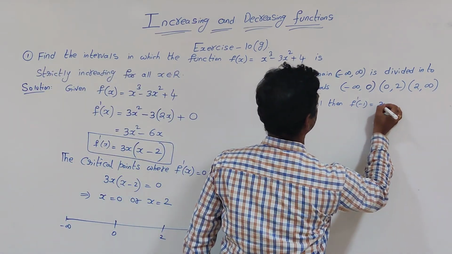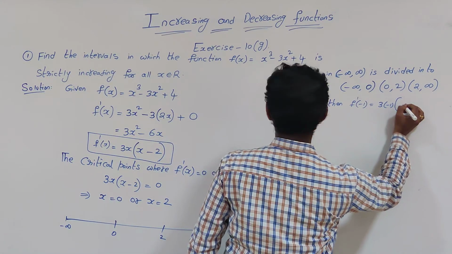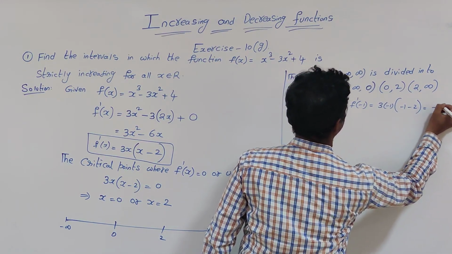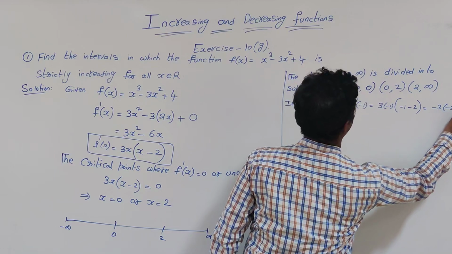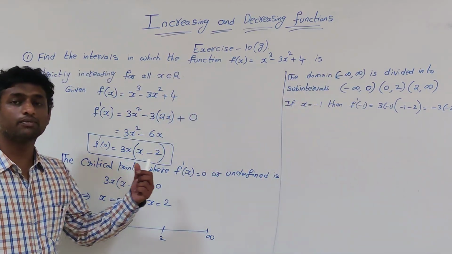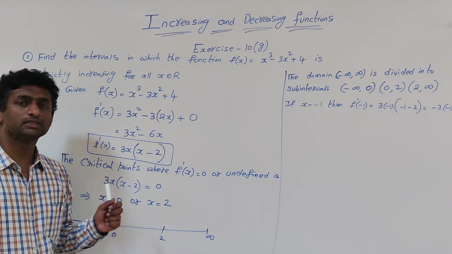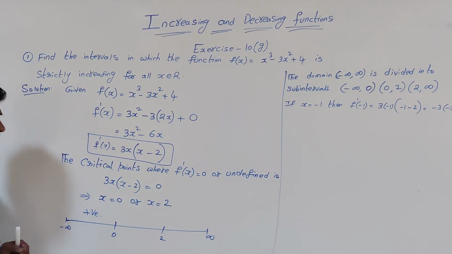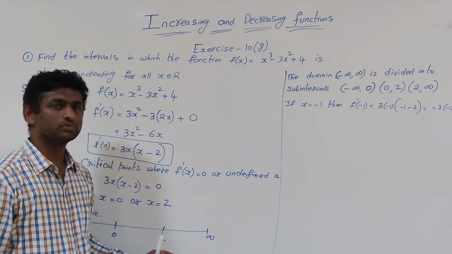So 3 into minus 1 times minus 1 minus 2. So minus 3 into minus 3, which is 9, greater than 0. So we are getting a positive sign in the sub-interval minus infinity to 0. Next, 0 to 2, choose 1.